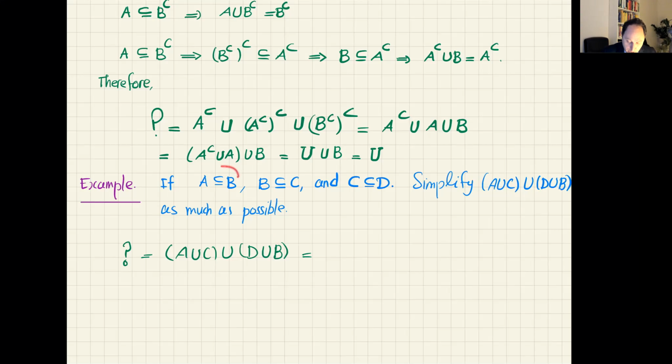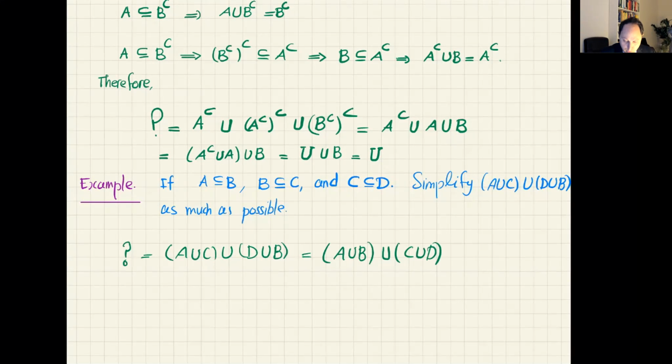Here, I have a relation between A and B. I also have a relation between C and D. So it might motivate me to regroup it. Okay, so I can write A union B together and then union C union D. I want you to remember that I am using commutativity and associativity.